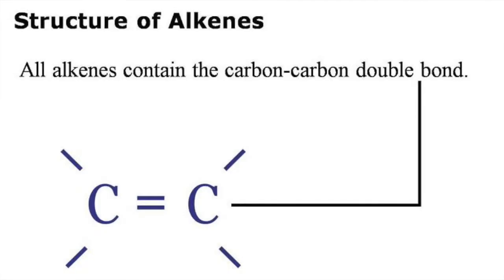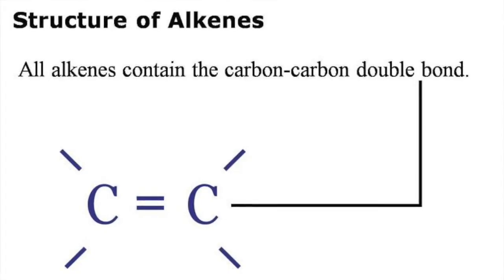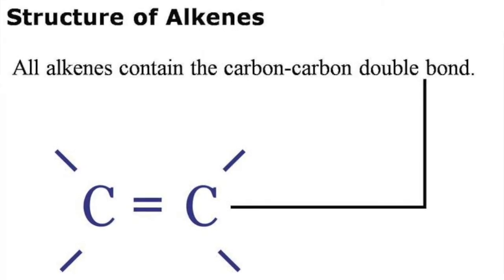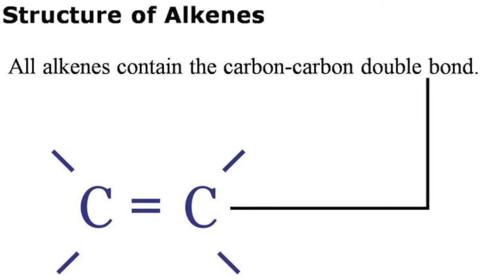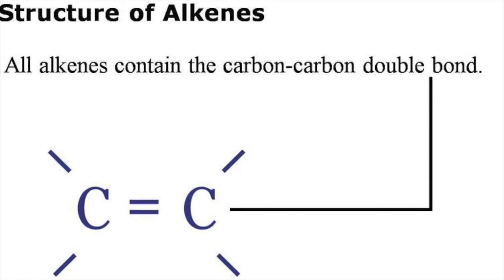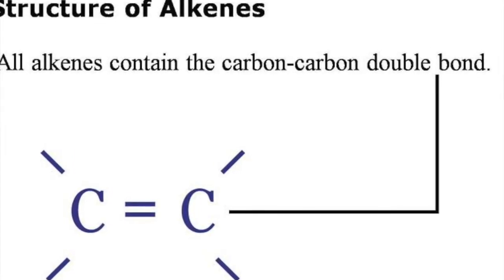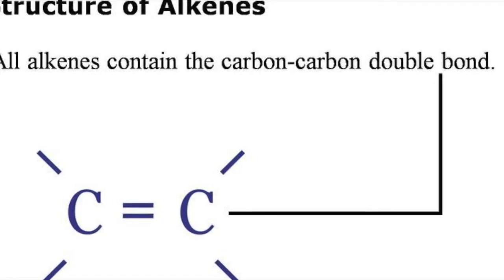An alkene is a type of hydrocarbon that contains a double carbon bond. Alkenes are very similar to alkanes, differing by only 2 electrons. Most alkenes are liquids at room temperature, though ethene, propene, and butene are gases.